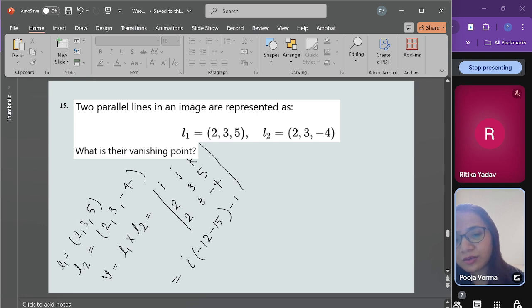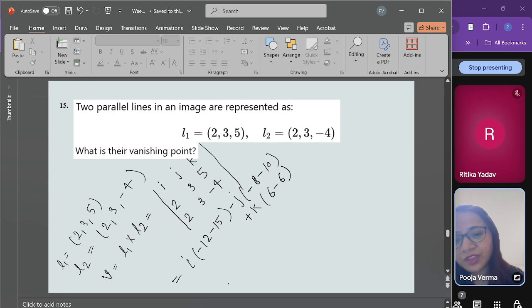Then minus j: take j common and multiply, so minus 8 minus 10. Then plus k: 6 minus 6.